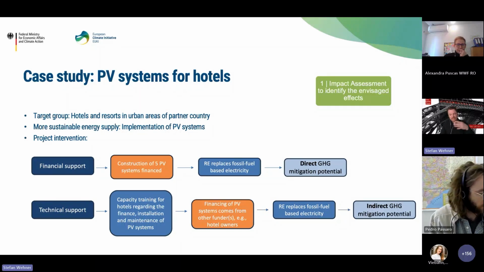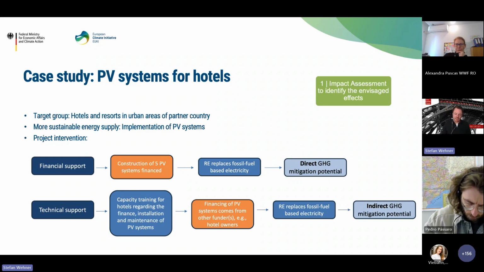For both, the calculation now would be the same, right? The direct and indirect mitigation in these cases, the number of PV systems we need to know, but the calculation on how much emission reduction can be achieved is actually the same.